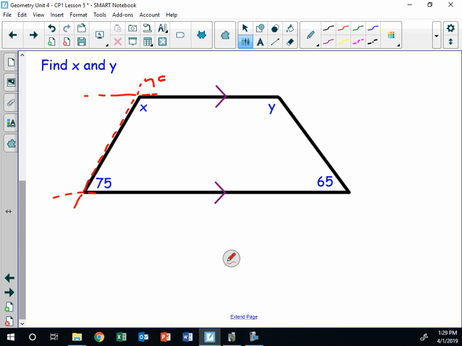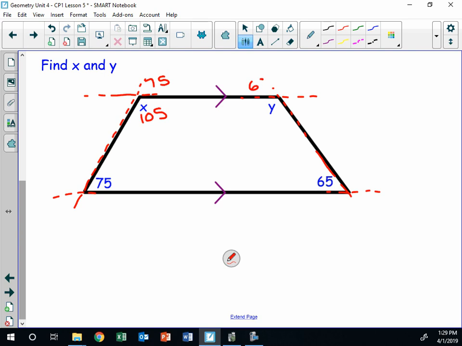Then it's easy to see that we can copy the 75 into that upper angle. Then we have a linear pair, which is going to add up to 180. And we can use that to solve for x. If we transfer over to the other side, once again, we've got parallel lines cut by a transversal.